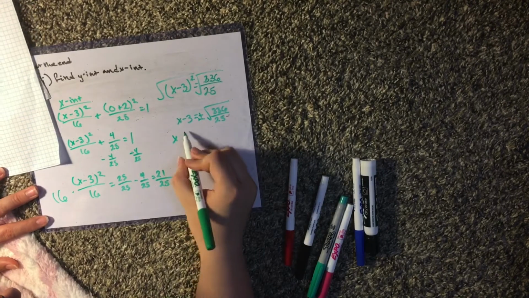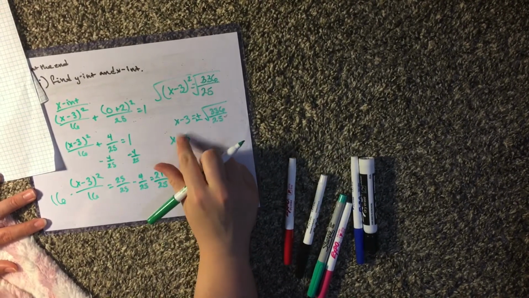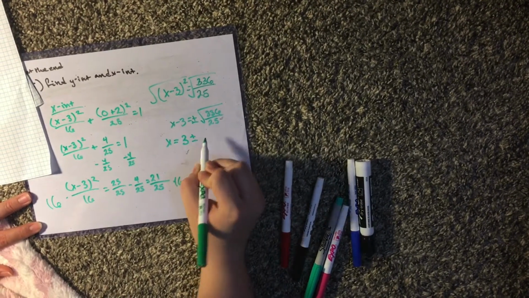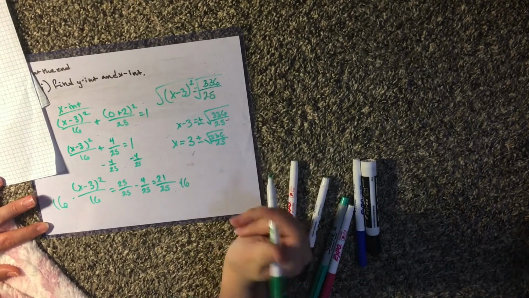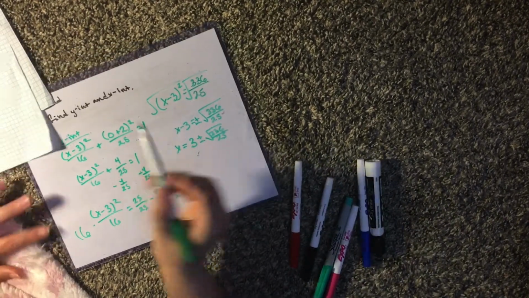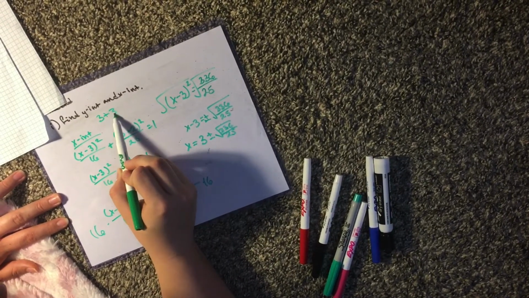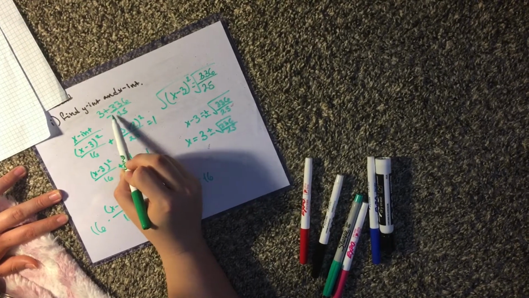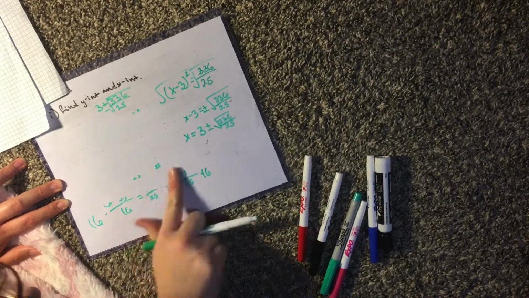Add 3 to both sides, or x equals 3 plus or minus the square root of 336 over 25. Okay, perfect. So we can actually simplify that a little bit more. I'm going to just rewrite that on the top so I can keep track of it.